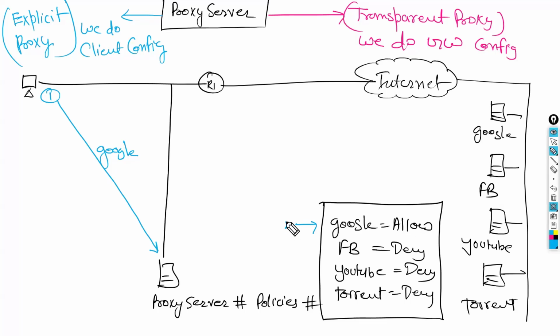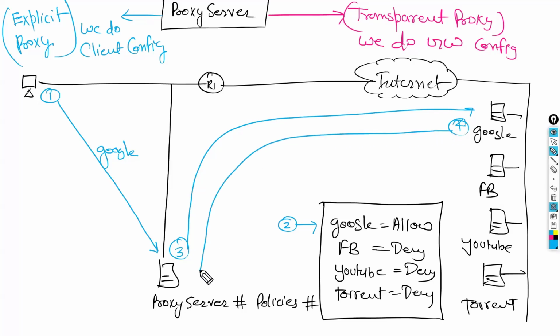Allow, yes or no. When Google is allow here, then in third step, proxy will send request to Google. Google will give reply to proxy, and proxy will give reply to client. So in this way, your traffic will flow.